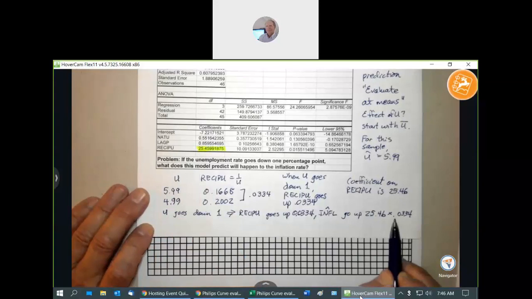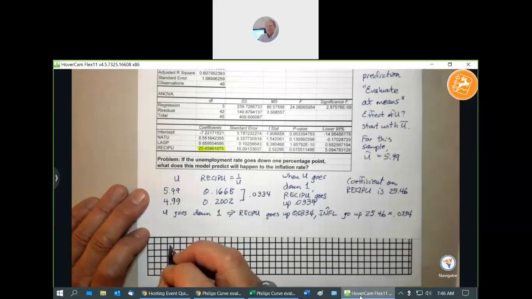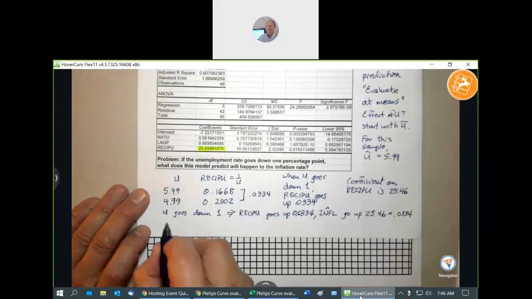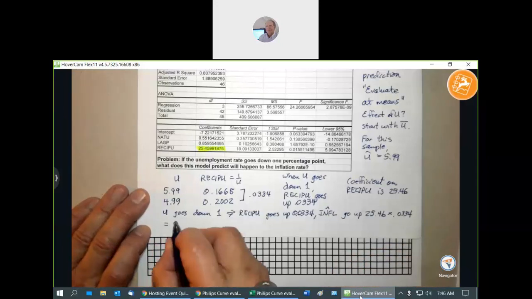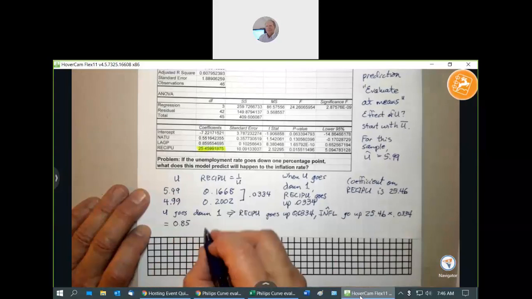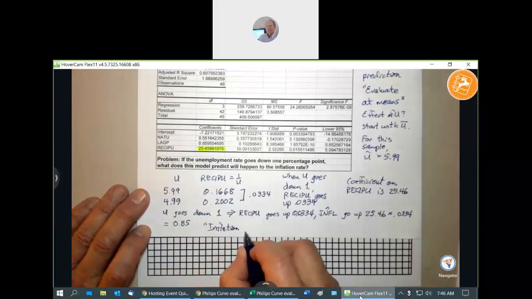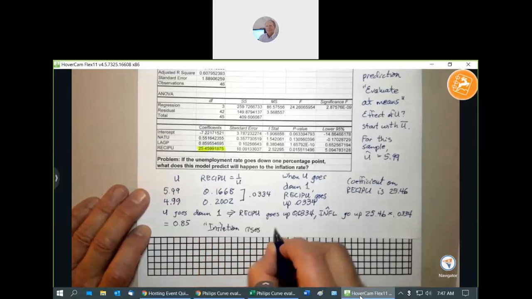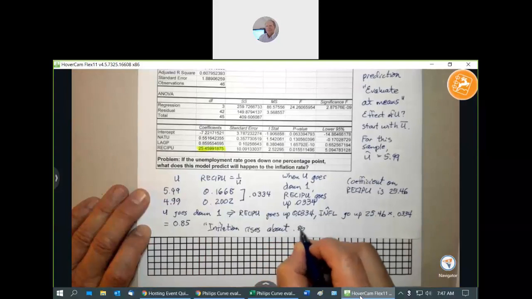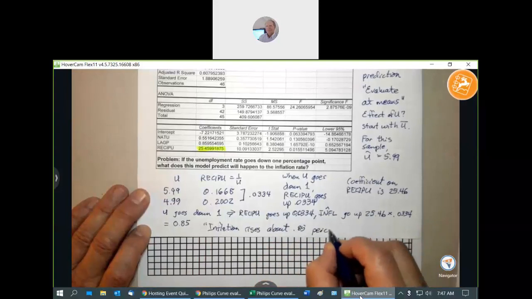But we're instead looking at only 0.03 of that. And so that number there, 25.46 times 0.0334, just pull out the calculator, that gives us a result of 0.85. And so the answer here is that inflation rises about 0.85 percentage points.